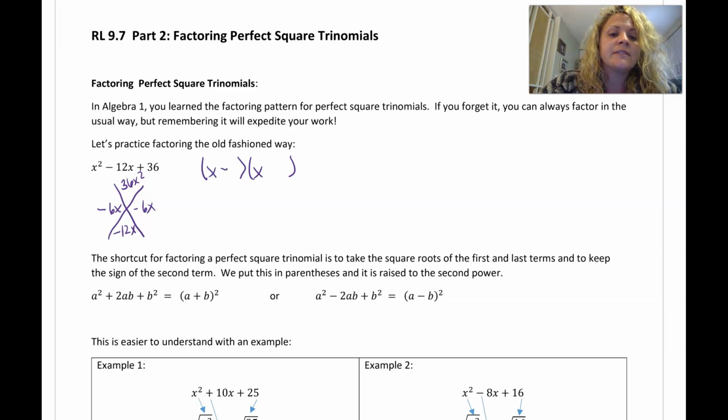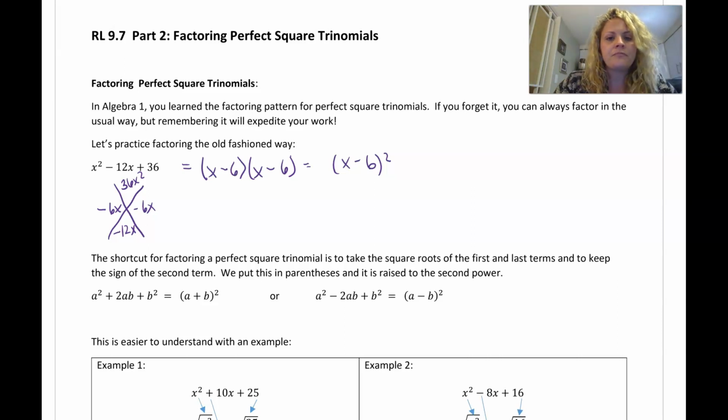So those two negative 6s we got, that's all we need. So this factors to x minus 6 times x minus 6, which we could then rewrite as x minus 6 squared. So all perfect square trinomials are going to factor to a single binomial times itself. It's just a matter of recognizing the factoring pattern and figuring out what that number has to be and if the sign is positive or negative.